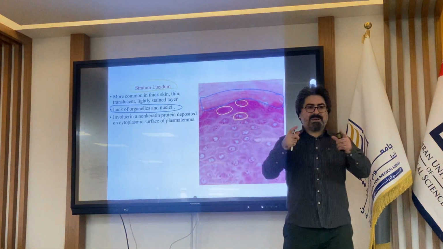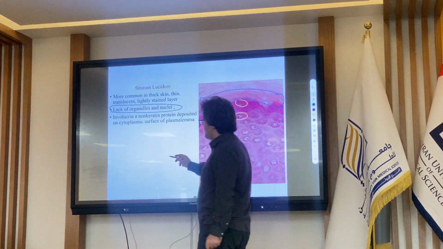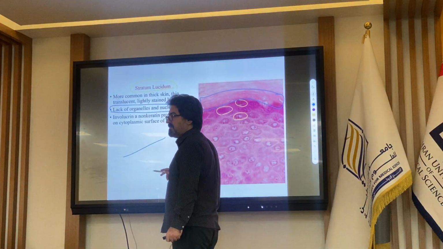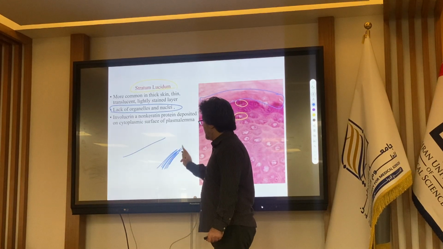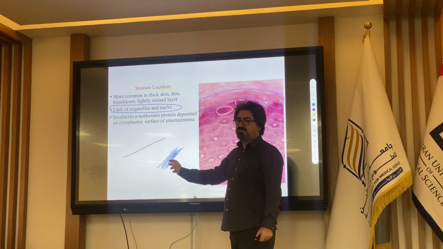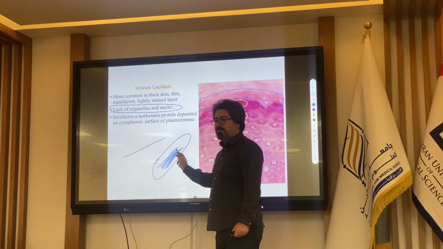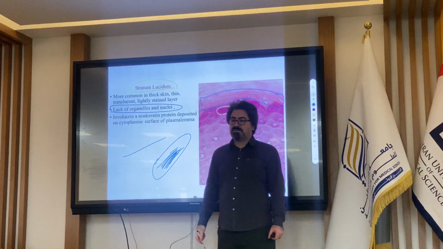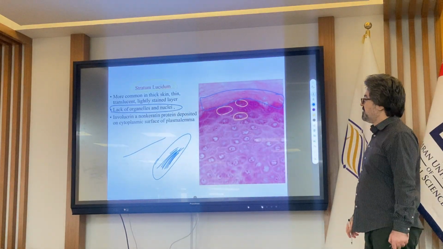Tonofibers are thicker than tonofilament. For example, this is a filament, okay? A group of filaments is known as a fiber. This is a filament, this is a fiber. Okay? Tonofibers can be found in these cells.